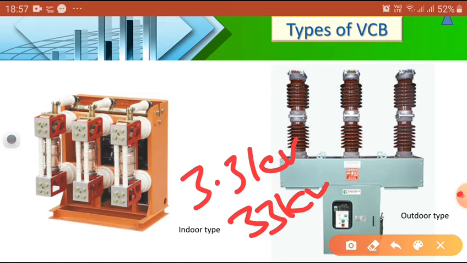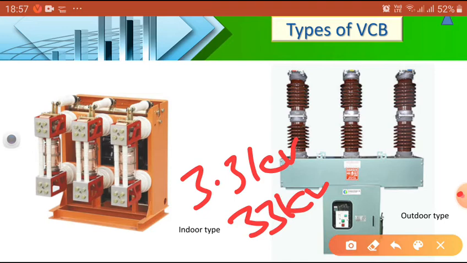The arc burns in metal vapor when the contacts are disconnected. In this case, the arc is developed from the contact material. Generally, these contact materials are copper and bismuth, or copper and chromium.